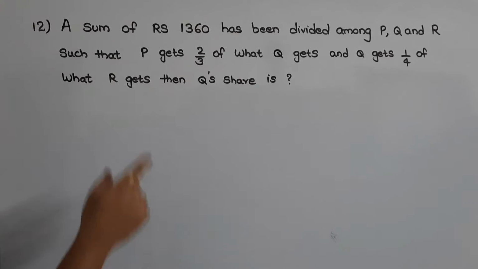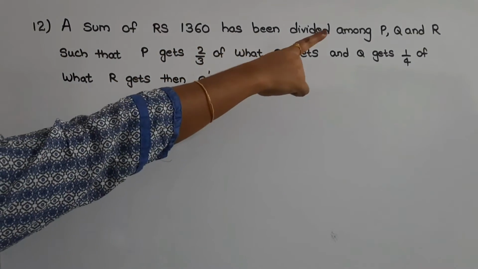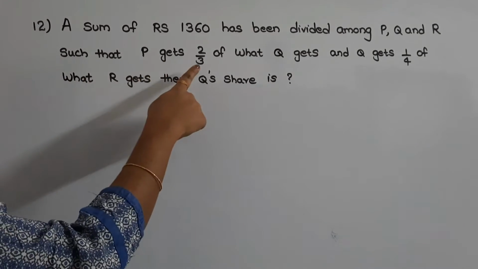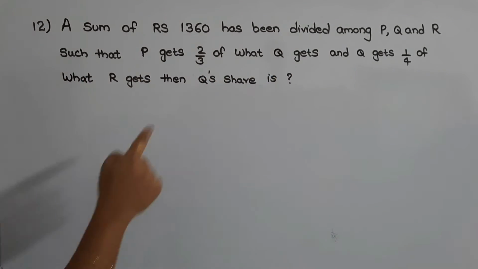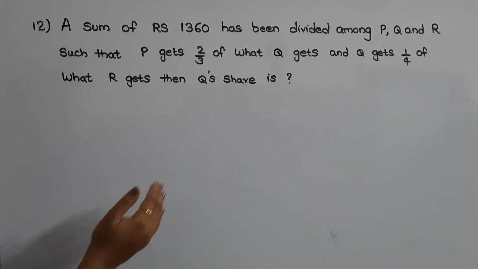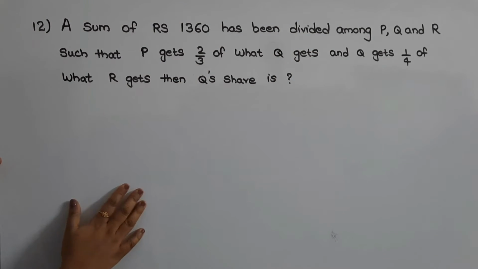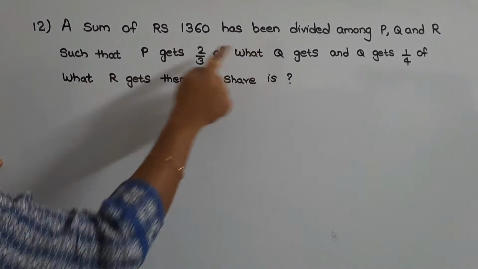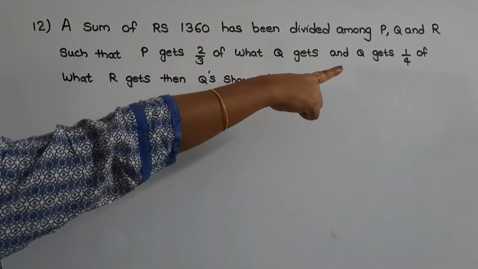The next question is, a sum of rupees 1360 has been divided among P, Q and R such that P gets 2/3 of what Q gets and Q gets 1/4 of what R gets. Then Q's share is. So in this question, they have given the sum of the shares of three persons P, Q and R. Then they have given the ratio of the shares of P and Q as 2:3 and the ratio of the shares of Q and R as 1:4.